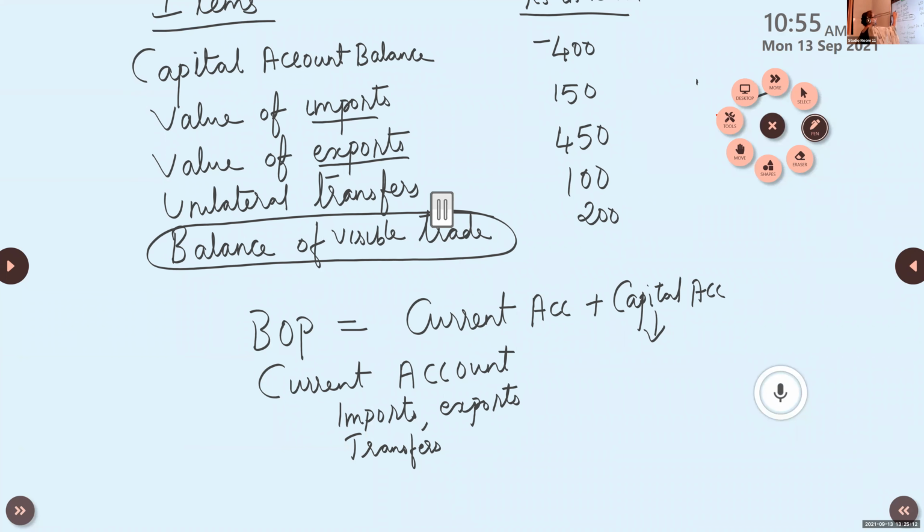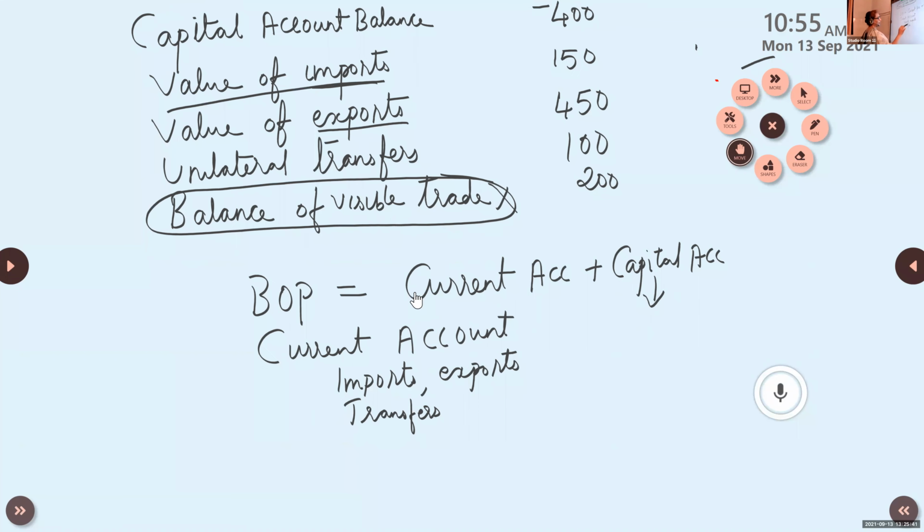Because the value of imports includes goods and also services, so this one need not be taken. So for the current account in this question, we have to take value of imports, value of exports, and the transfers.